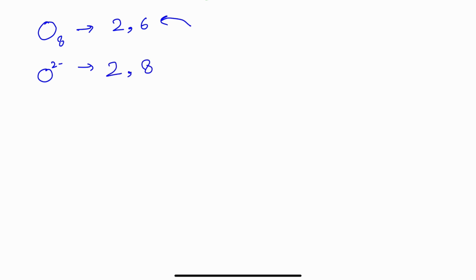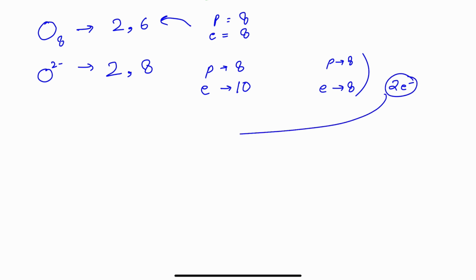Again, in the neutral atom, the number of protons and electrons are equal, that is 8 and 8. In the oxide ion, the number of protons will be the same, but now the number of electrons is 10, right? So 8 protons and 8 electrons neutralize each other, but these extra 2 electrons give us the charge.